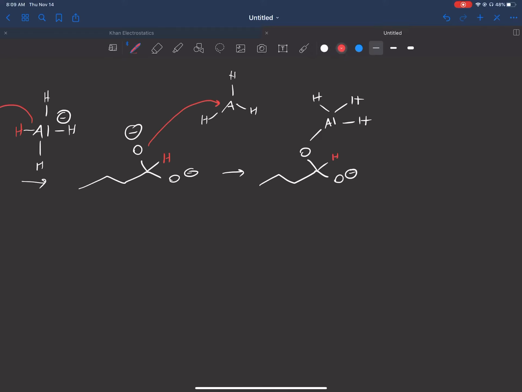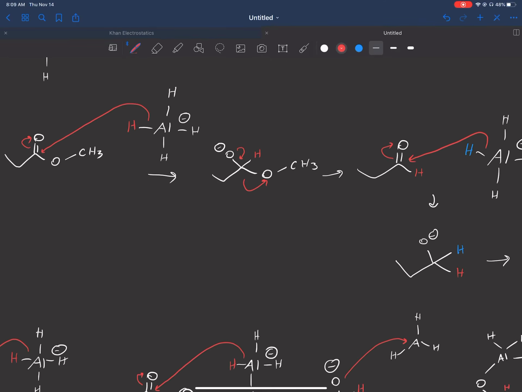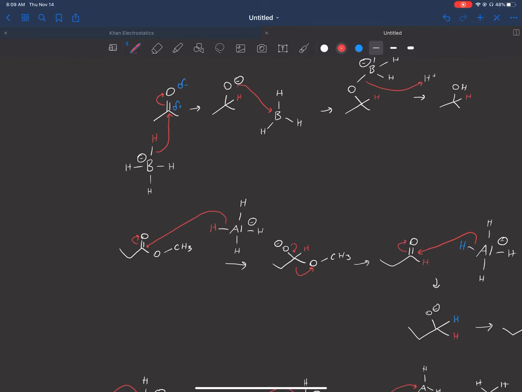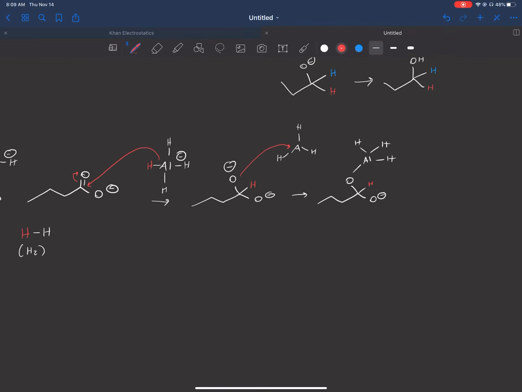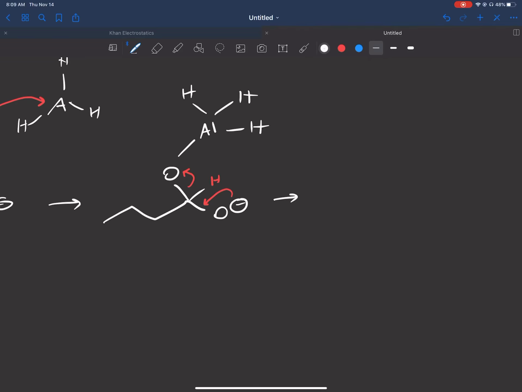And so what happens now is we have an O minus, right? We've seen here how the O minus came down to kick out the OCH3, right? So this is actually very similar to what's going to happen. This is going to come down, and this is going to get kicked out. So what we get is something like this, and here's that hydrogen we added.